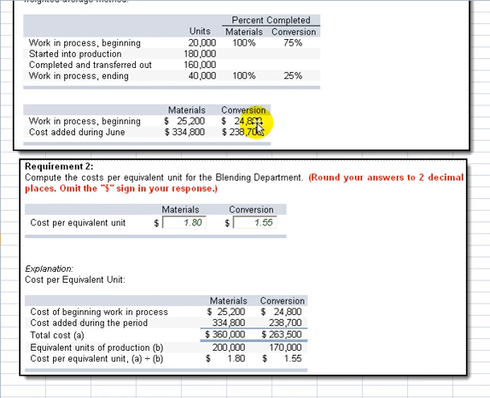Then they gave us 24,800 beginning cost captured in work in process for conversion, and then we added 238,700. If we add those together, we get 263,500. So all we do is divide those total costs by the equivalent units using the weighted average method, and what we come up with is a cost per equivalent unit of $1.80 and $1.55. And that's requirement 2.